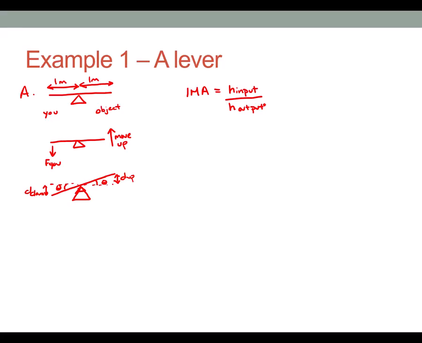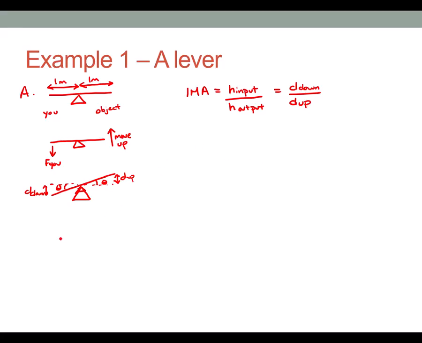Okay. Well, in the notation we have in our diagram there, the input side is going to be our D down, and our output side is going to be our distance upward. Okay. But how does that relate to the two lengths from the fulcrum?